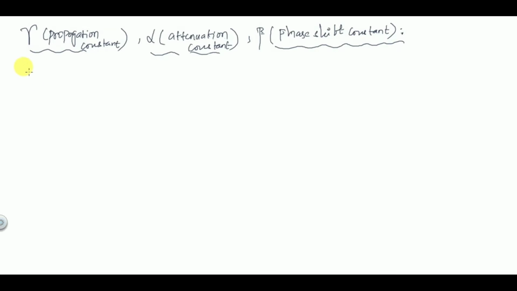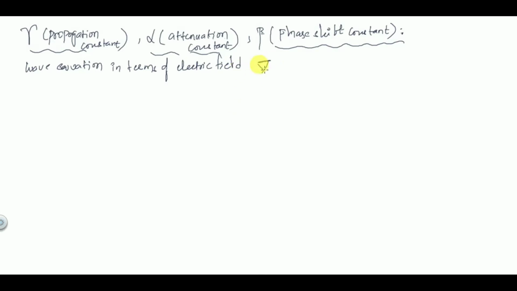Right, we know the wave equation in terms of electric field. I have already explained this concept in my previous video, so if you have not seen it, please see that video. There I have derived how the wave equation is obtained in terms of electric field.